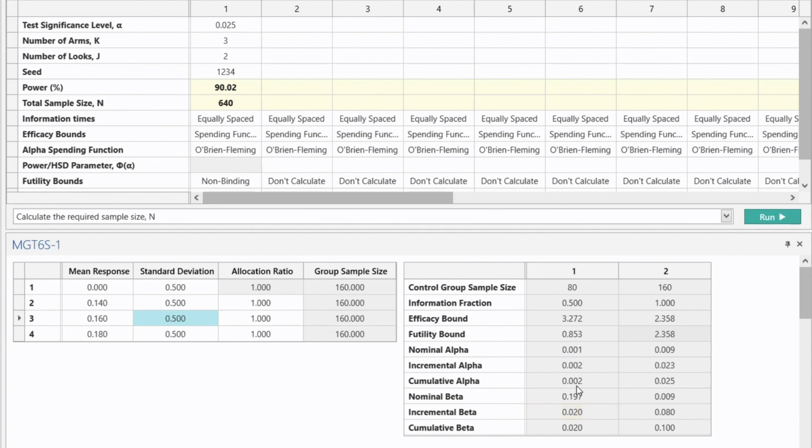And you can see that these alphas are effectively the alphas that you would need if you're using a standard Dunnett's test on the interim data. So if the significance level of a standard Dunnett's test was less than 0.001 based on the interim data, then we would stop the trial early for efficacy.